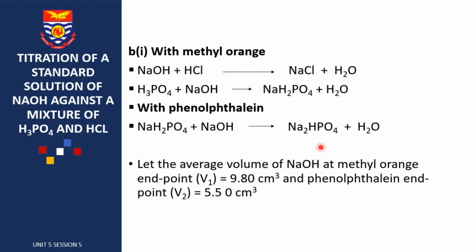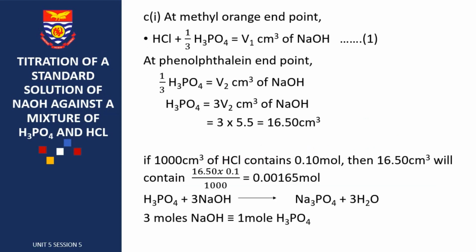So let V1 represent the volume of base used at the methyl orange endpoint and V2 at the phenolphthalein endpoint. At the methyl orange endpoint, like we said, it is the first ionization that took place. So we said this one ionizes in 3 stages.